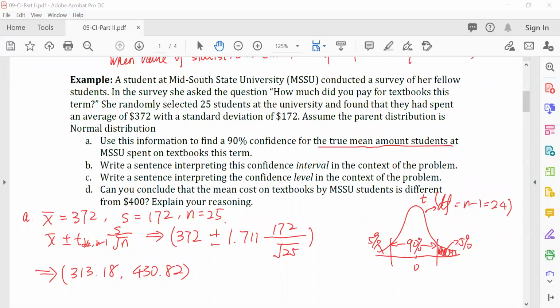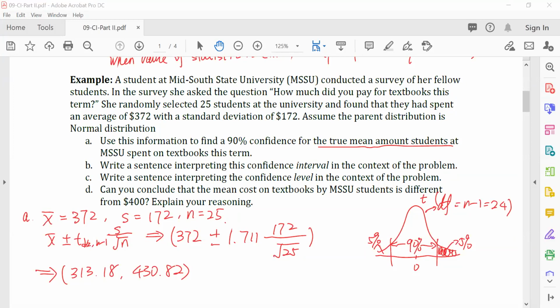The reason why I'm using StatCrunch more is because we are not going to have a closed book exam. So our final exam will very likely be a take-home exam, so you don't really need to know the table if you are not really comfortable with it. You could use whatever you want. So let's do StatCrunch first, then we will do the table.